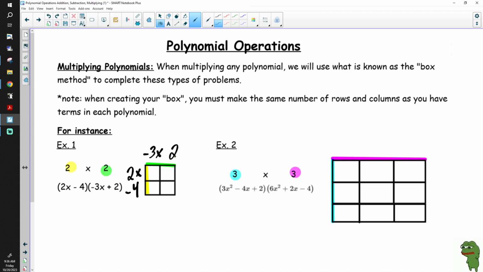You could have a 2 term by a 3 term, and you would have to do a 2 by 3 box. This was a 2 term and a 2 term, so 2 by 2. 3 term and a 3 term, so we did a 3 by 3. If you had a 2 term and a 3 term, this is what it would look like.